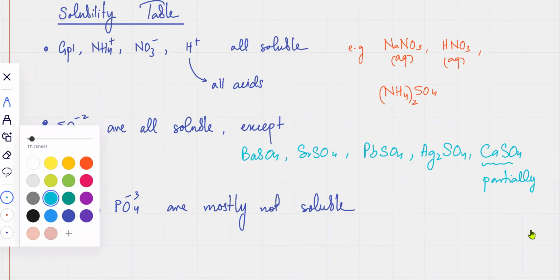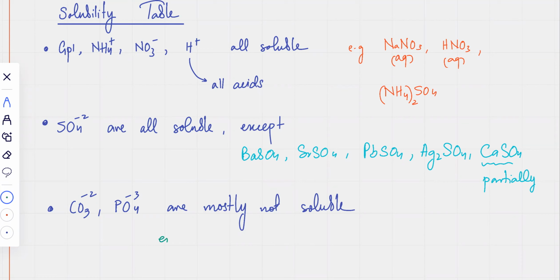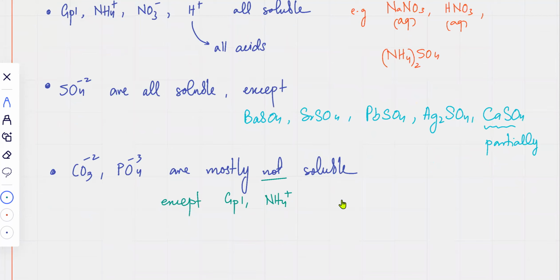The exceptions are the ones that we have discussed earlier, except the ones with group 1 or NH4 plus 1. I mean this one. Like if the compound contains group 1, then it's going to be soluble. Like Na2CO3 or Na3PO4. They would be soluble, but otherwise they're mostly not soluble. Okay, is this clear? Yes, sir. Now let's practice this, okay?